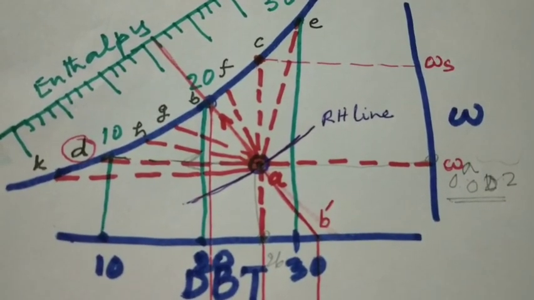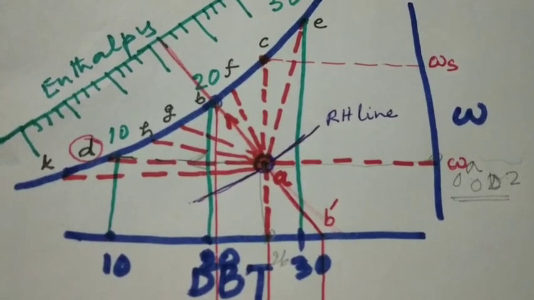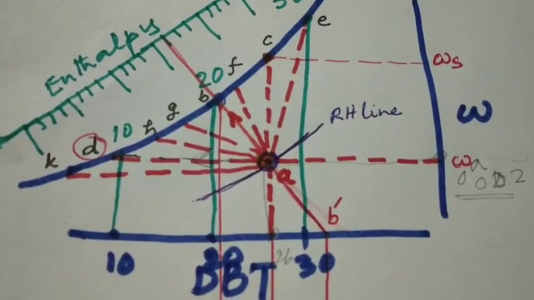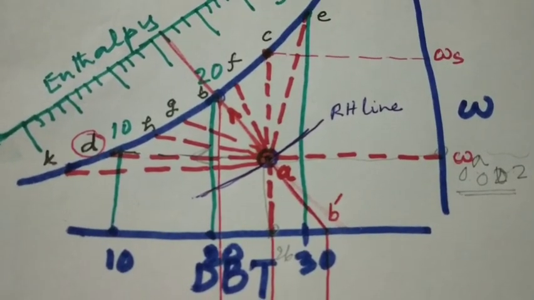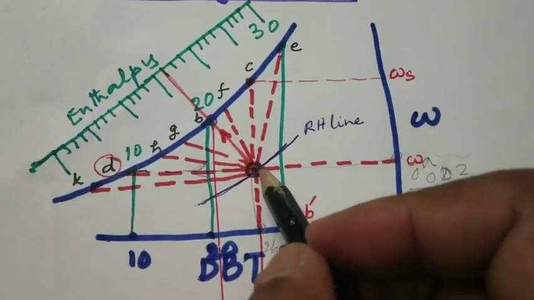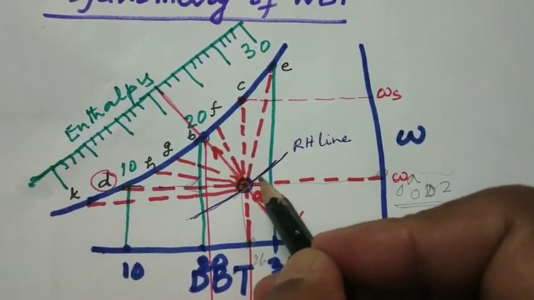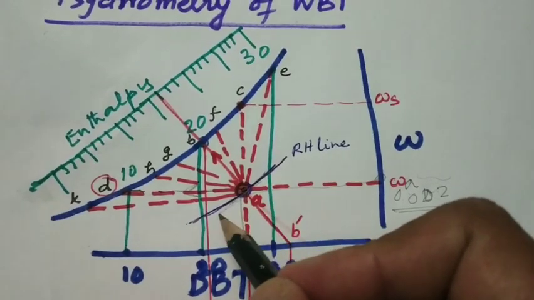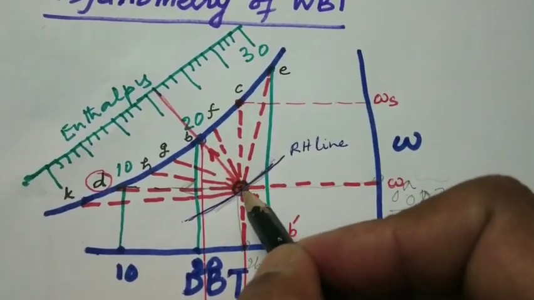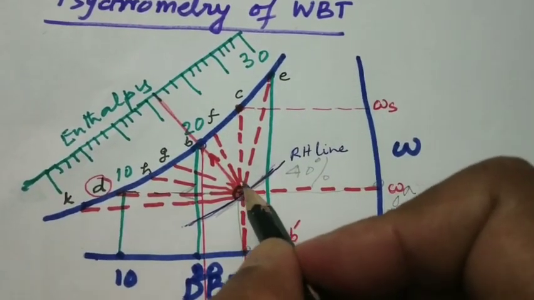If we add water vapor to air, we are not raising its temperature. We are just raising the content of water vapor in the air. If we are raising the water vapor content in the air, we are actually doing two things. This air will have a certain relative humidity value if you see it on the chart also. So supposing it is 40%, supposing there is a 40% relative humidity line.